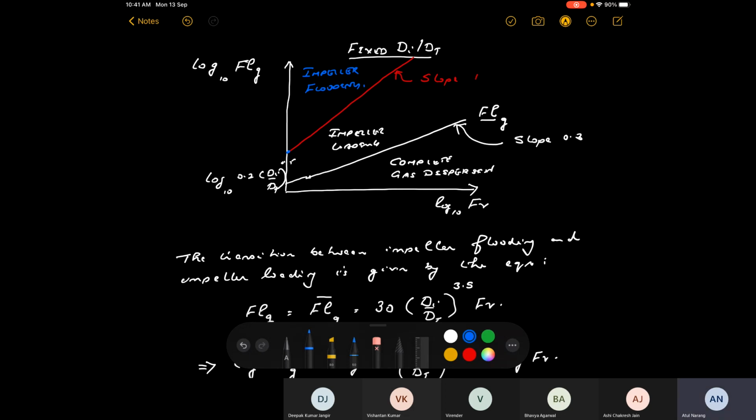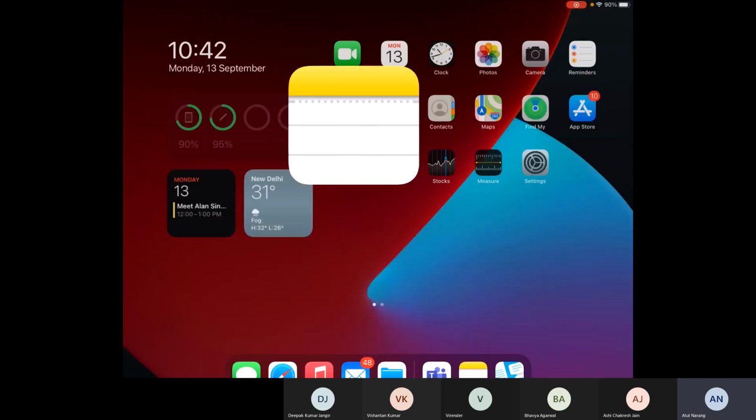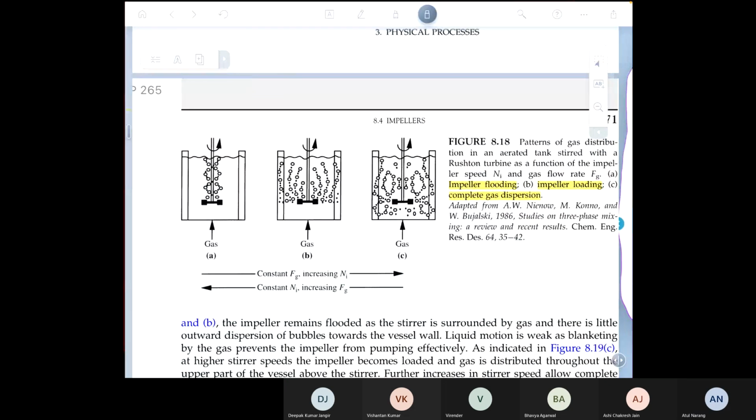I just explained, for example, that if you keep the flow rate of the gas fixed and increase n sub I, you move from impeller flooding to complete gas dispersion.